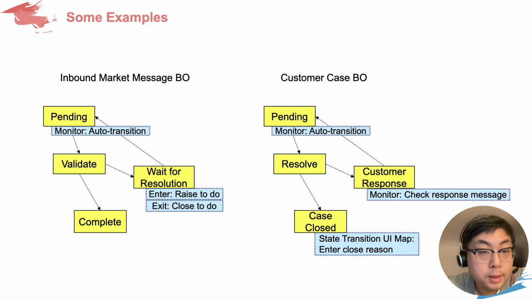A status transition UI map could be defined on the case closed state, where basically a pop-up will be showing, and the user is able to enter a reason for it, for auditing, for reporting purposes. So this is another example where we would use the lifecycle very often in this way.